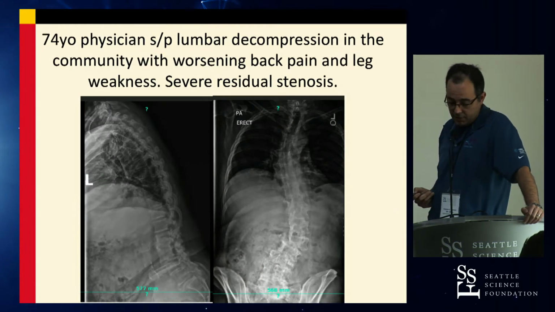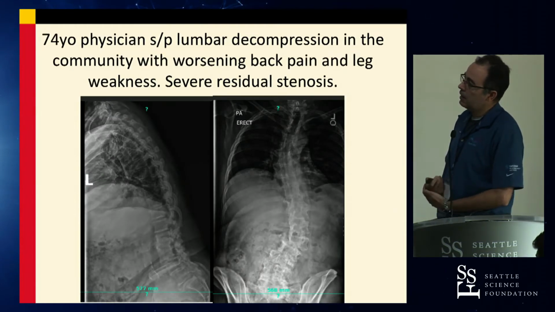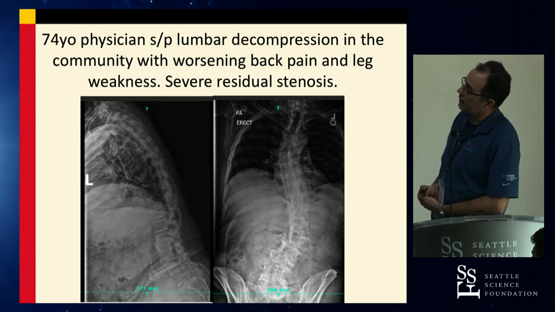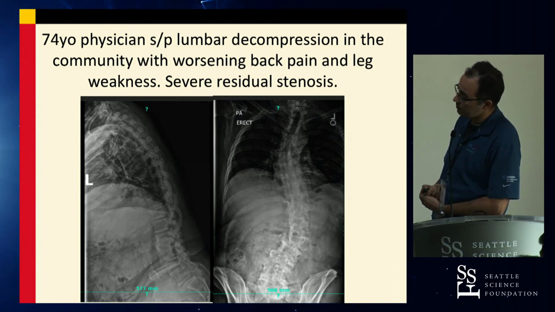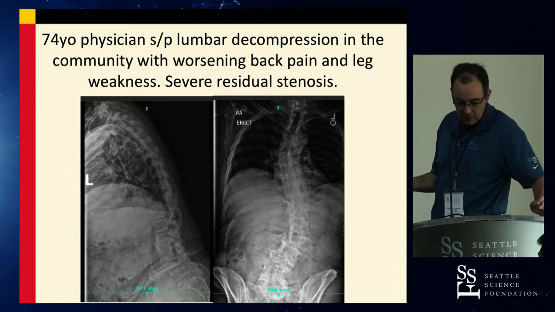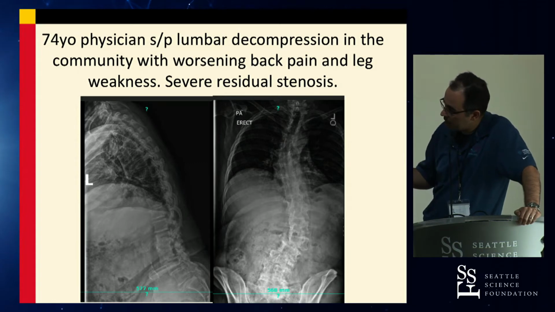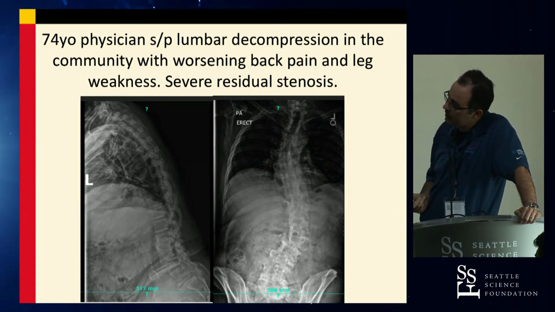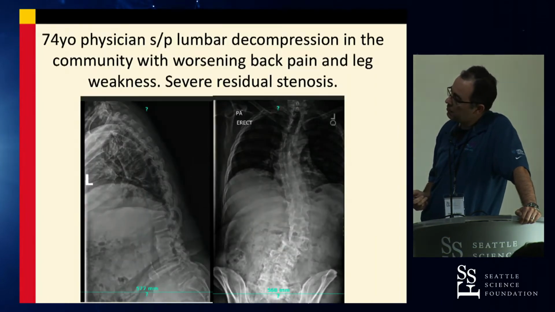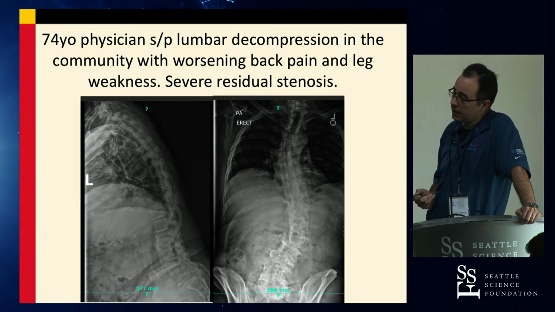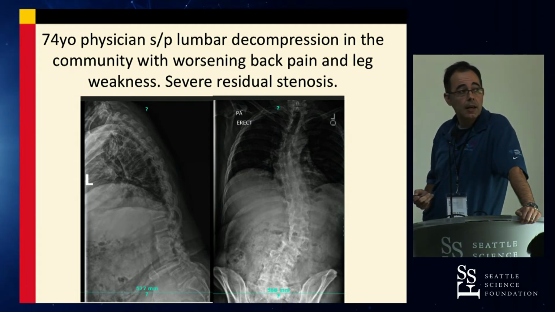So another physician, this is a 74-year-old who had a history of a lumbar decompression and developed some progressive kyphosis. Distally, at the site of this spondylolisthesis, he actually had a spontaneous union, but he was left with significant residual stenosis in the neural foramina. And so given his age, he was a 74-year-old gentleman, I wanted to try to come up with an approach that was not going to result in severe blood loss.